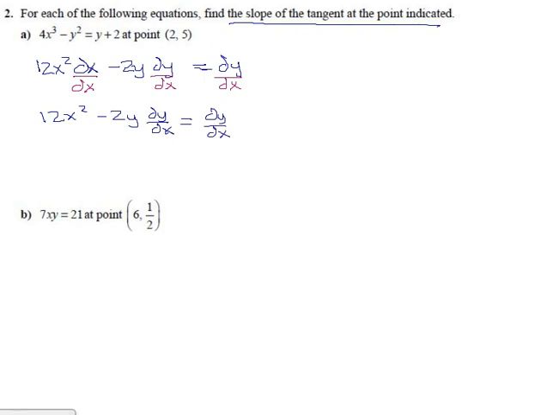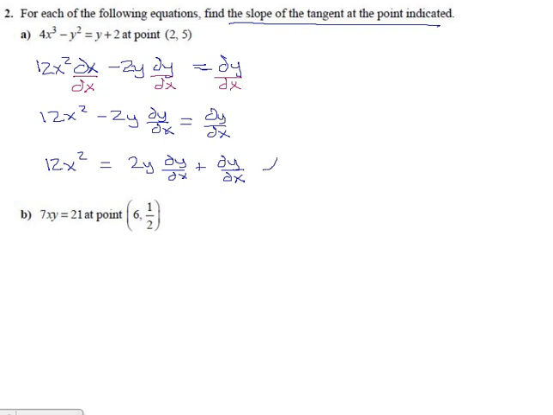Okay, we want all our dy/dx terms together, so I'm going to take this 2y dy/dx and move it over to the right. The 12x squared stays put, and we get 2y dy/dx plus dy/dx.